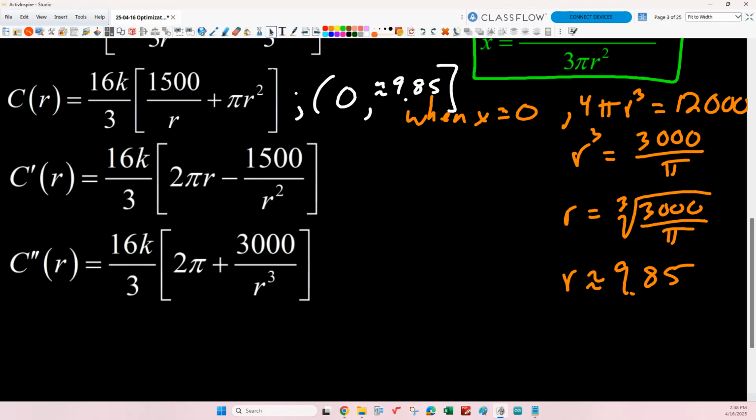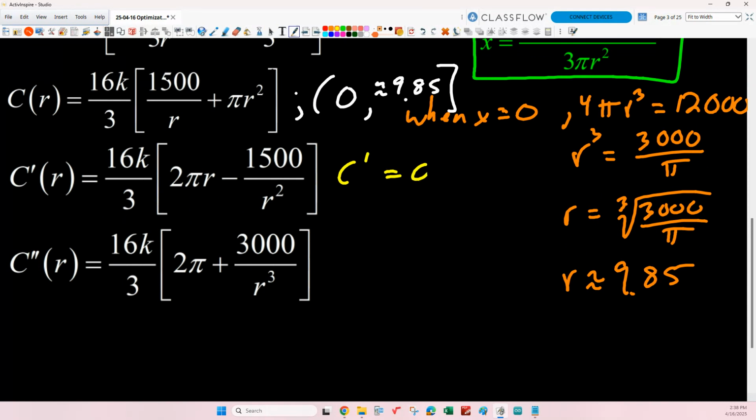Okay, but it would equal 0 when? When the 2 pi r and the 1500 term equal each other. Yeah, good. When those two terms are equal, that's going to be the condition when we get a 0 value for our first derivative. Good. You guys are getting good at this.